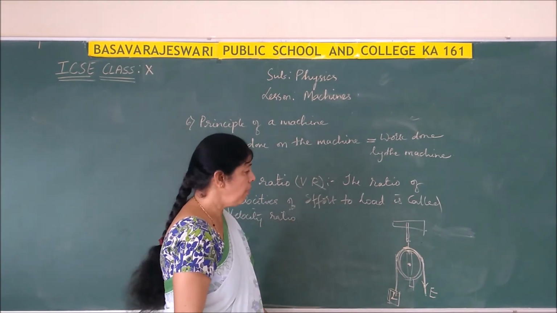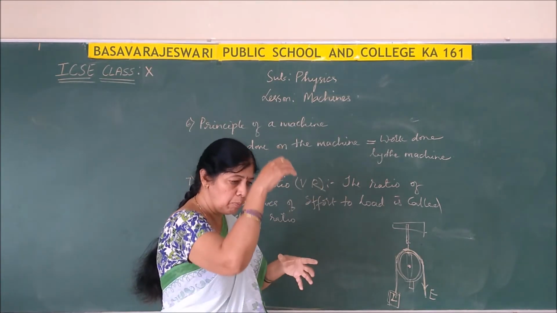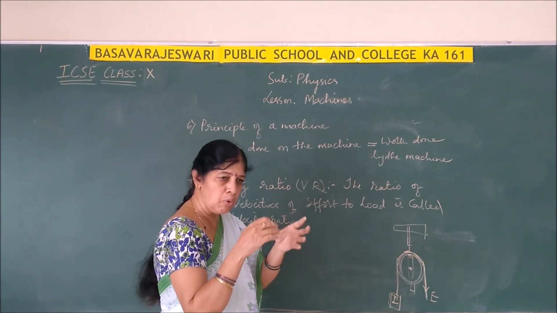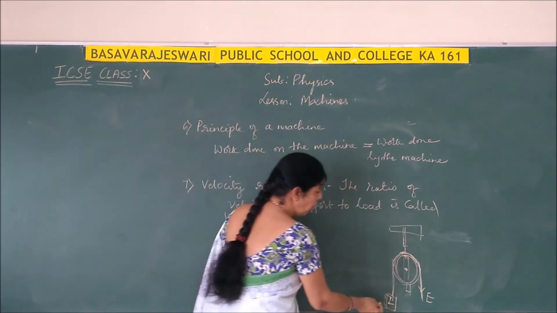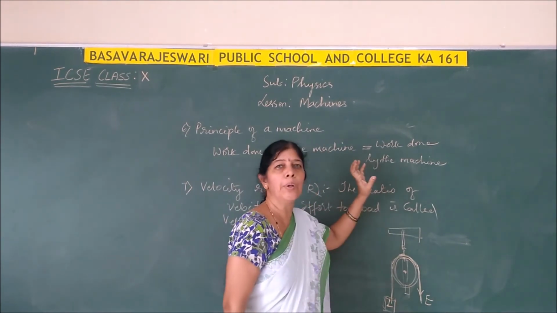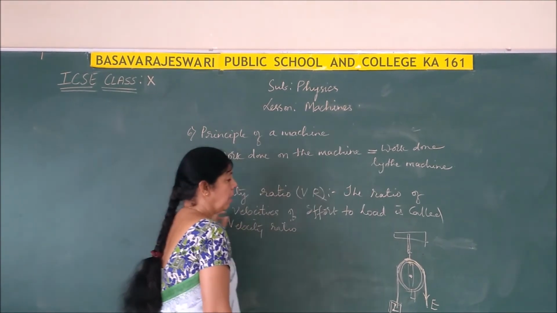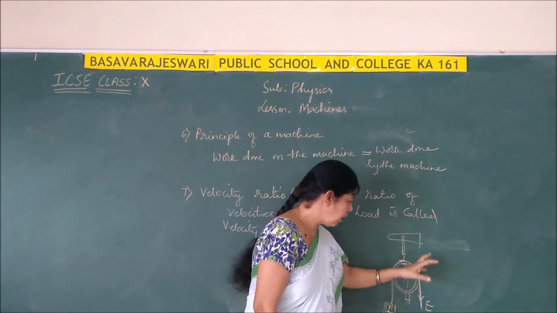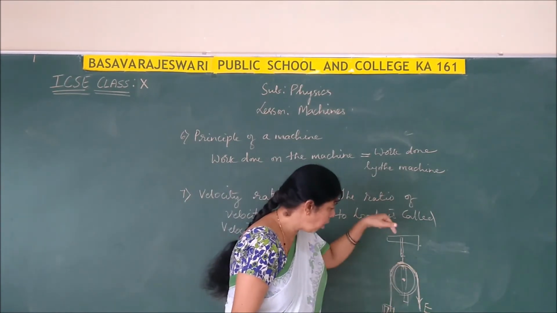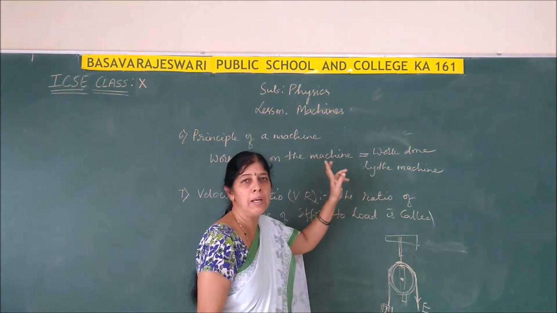This rope will move to a certain distance. Is it not? So that is called distance moved by the effort. The rope will move through certain distance. That is called distance moved by the effort. And the load will move up. That is called the distance moved by the load. That we have to remember. Okay. So when the effort is applied, here the rope will move through a distance downwards, and the other side will move upward through some distance.